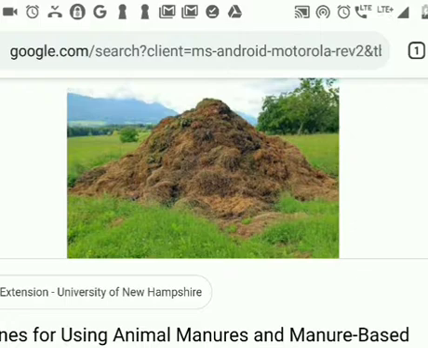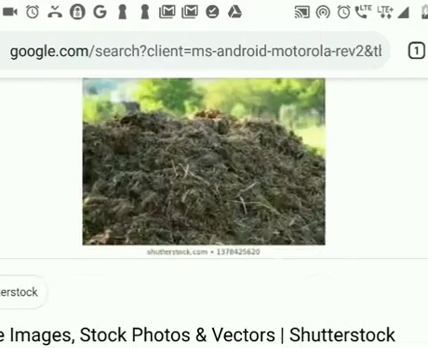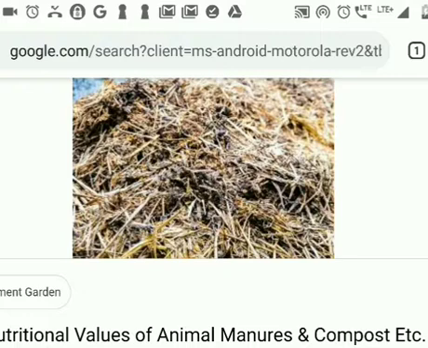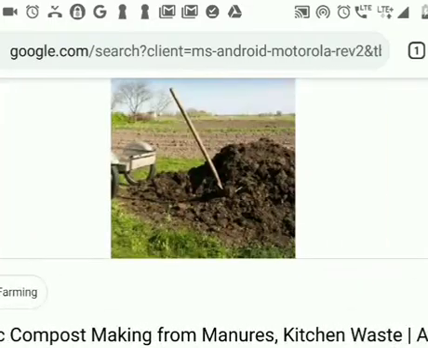Farmers dump animal dung, vegetable and crop waste at open places and let them decompose by bacteria and fungi. After a month or so, the manure is ready and is mixed with the soil before sowing. Manure not only increases the nutrients but also enhances the water holding capacity of soil.